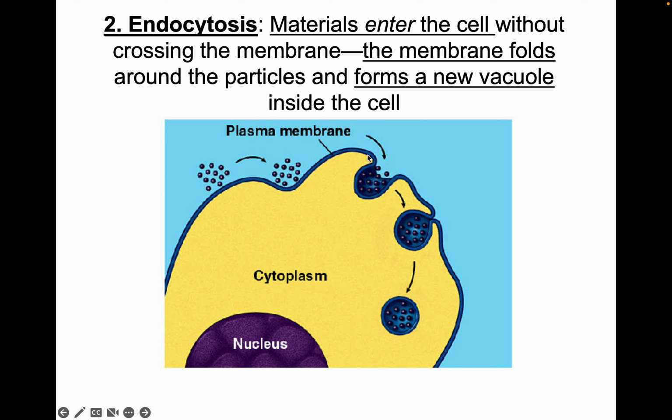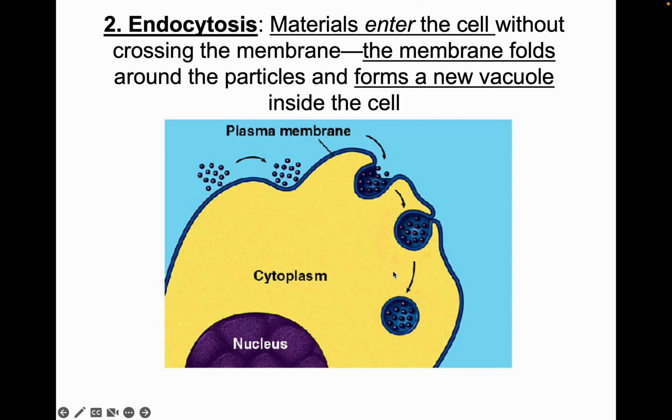So it starts wrapping, making a curve, and then wraps the materials in its membrane. Then it forms a vesicle or creates a bubble inwards, and it eventually closes the materials completely, forming a bubble-like structure inside the cell.